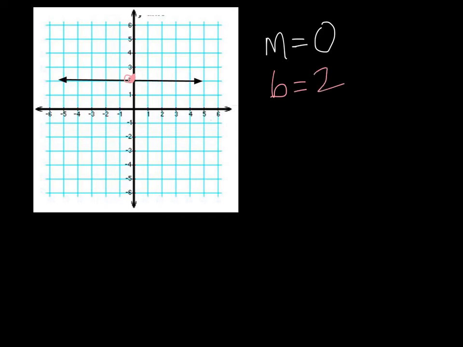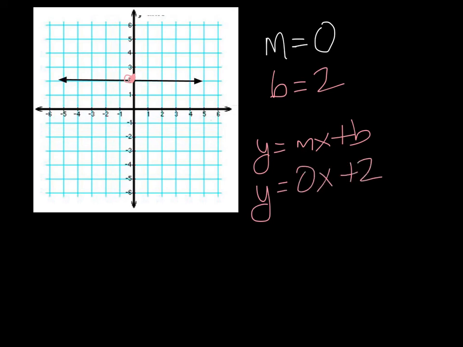If I put this into my slope-intercept form of an equation, y equals mx plus b, y equals 0x plus 2, and we know that 0 times anything is 0, so all we're left with is really y equals 2. So just like a vertical line only has x's, a horizontal line only has y's.